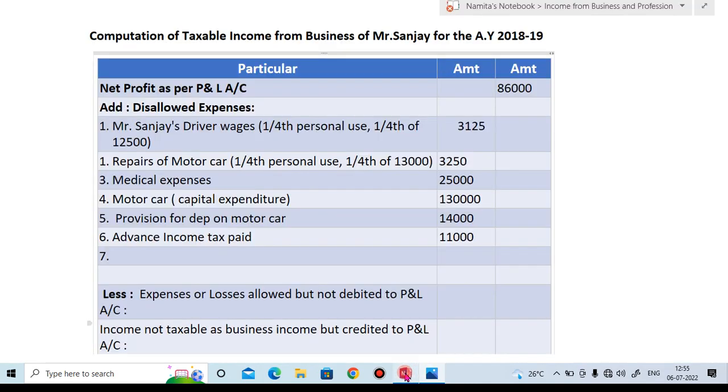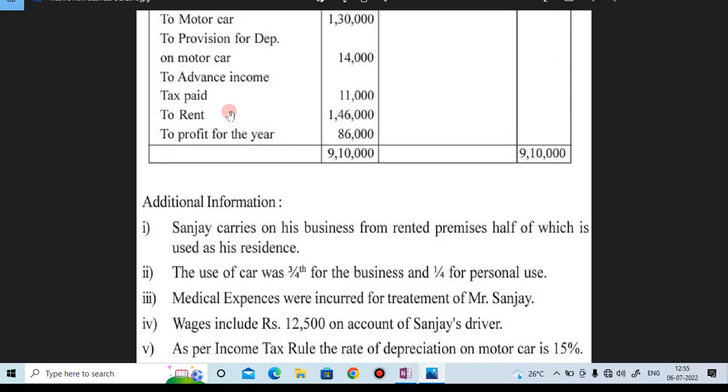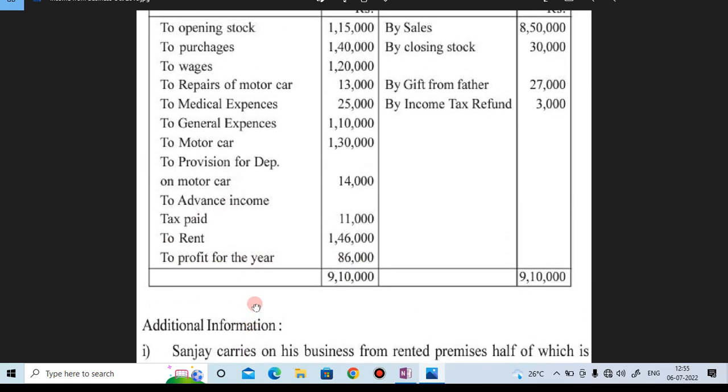That means 50% of the rent is for residence. 50% of 1,46,000 is 73,000.